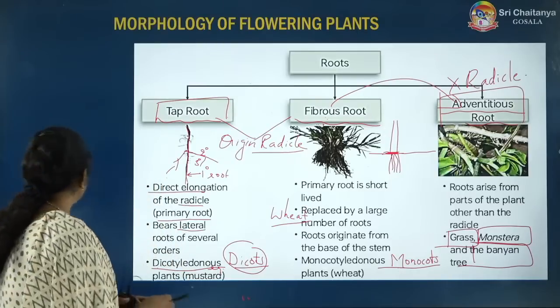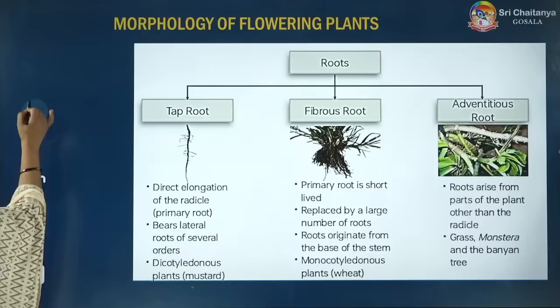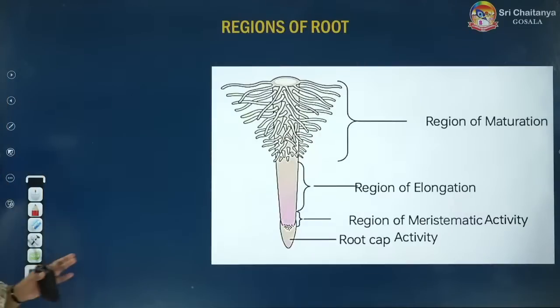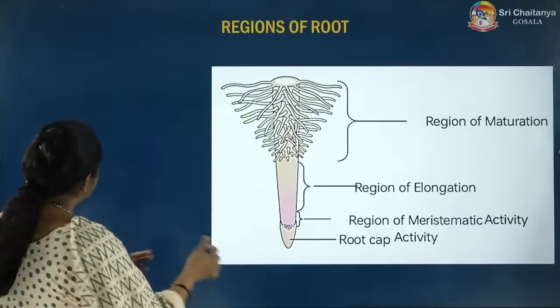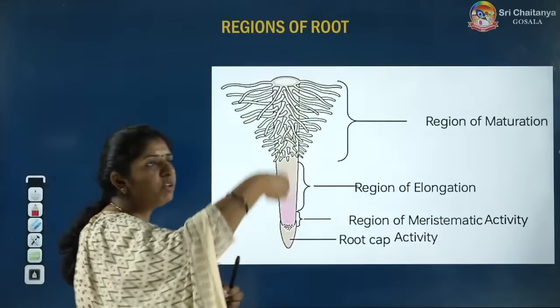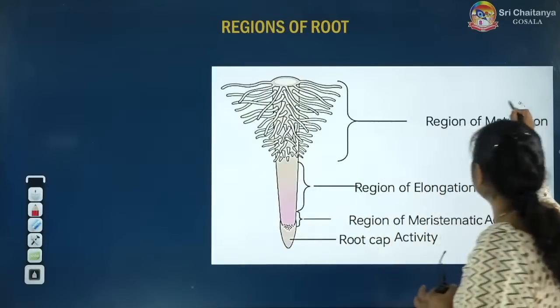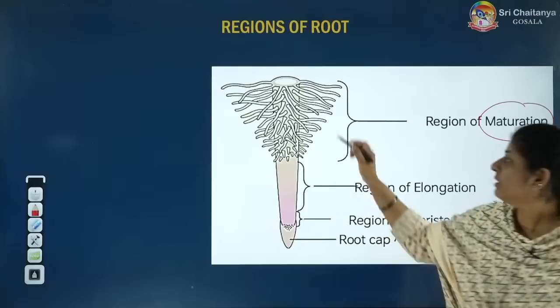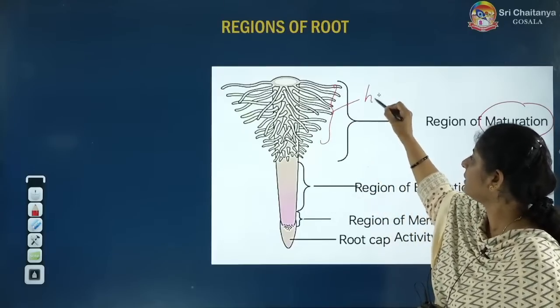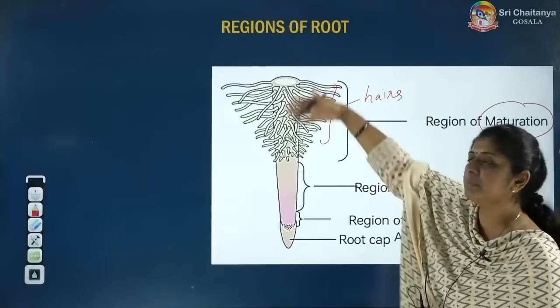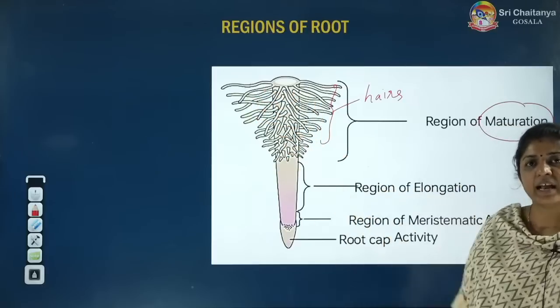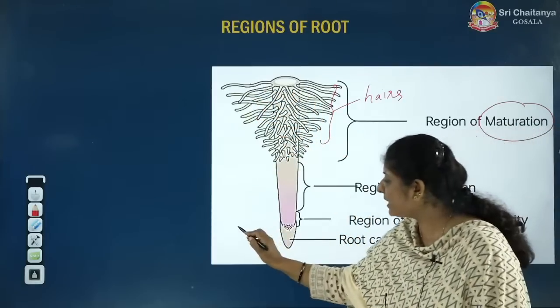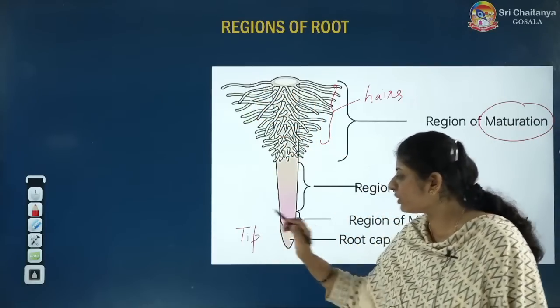Now coming to the next part: the regions. What are the parts of the root? When you take out the root, it has a maturation region with these hairs on the above side, and at the apex is the tip of the root.